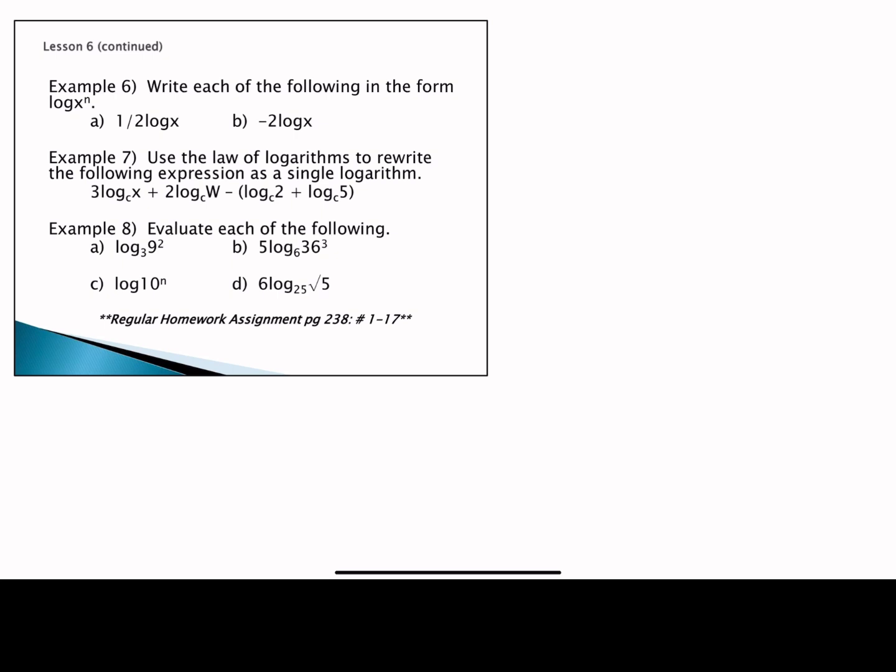In our next example, we're going to use exactly the same laws, but instead of writing it with your power out front as a coefficient, we want to write these expressions in the form log of some base, or in this case base 10, of x to the power of n. So if we look at our first example, we've got 1/2 log x, and again, this is a base 10 log.